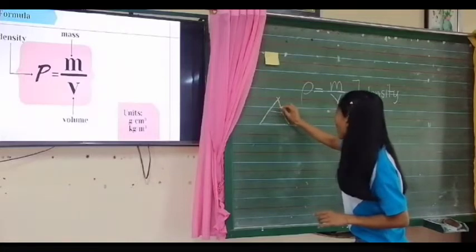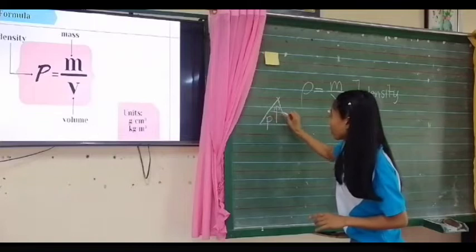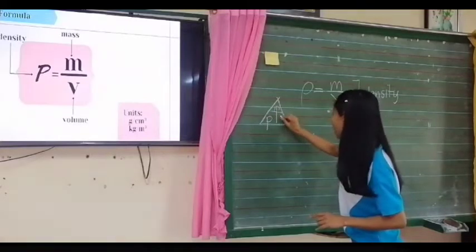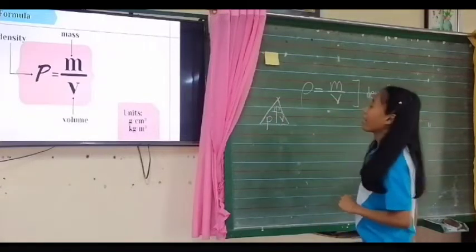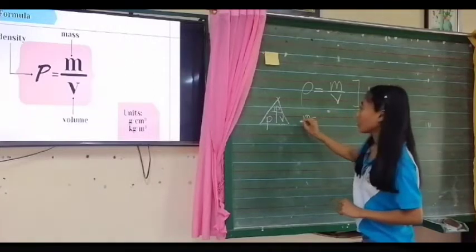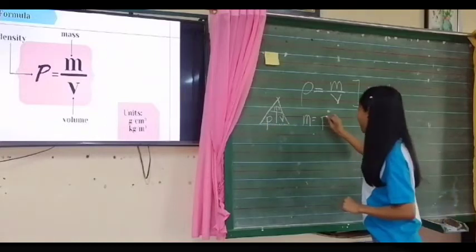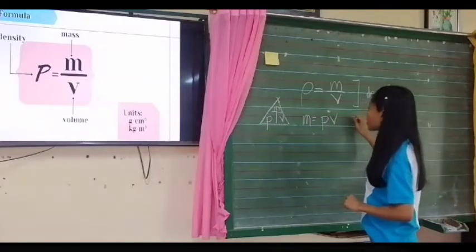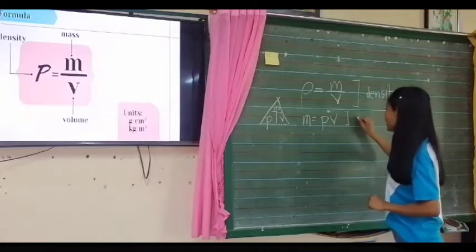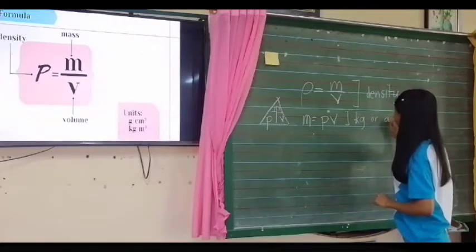Sa taas nito ay ang M. Sa baba nito ay ρ, yung rho, or yung density, and the V. Pag hinahanap natin ay ang mass, M is equal to density multiplied by its volume, ρ times V. And the unit for mass is in kilogram or in gram.